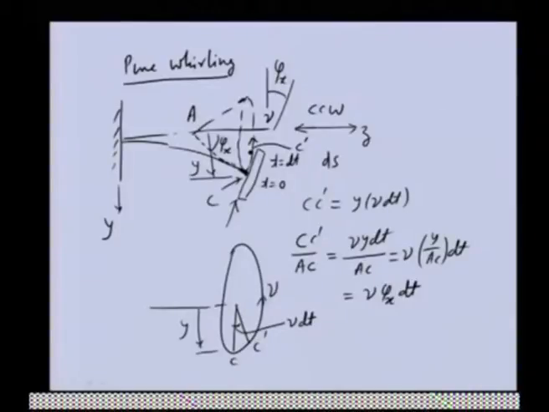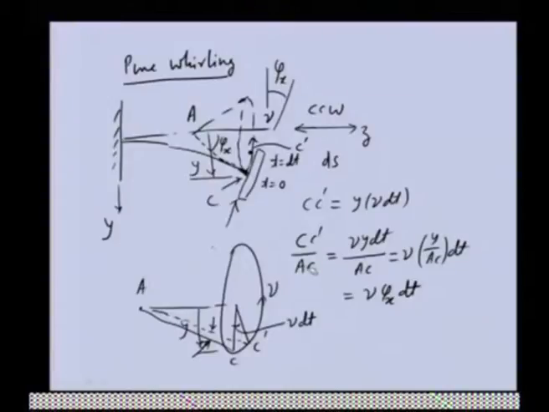If we see this particular point A here, there is a line AC, this one, and there is another line AC prime. So, you see in this particular delta time t, the change of the angle of the AC and AC prime, this particular angle is basically C prime by AC.